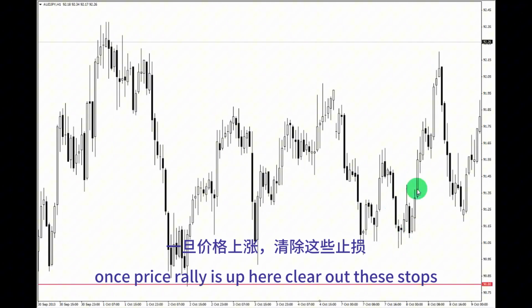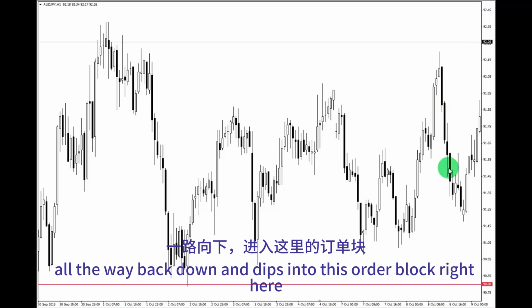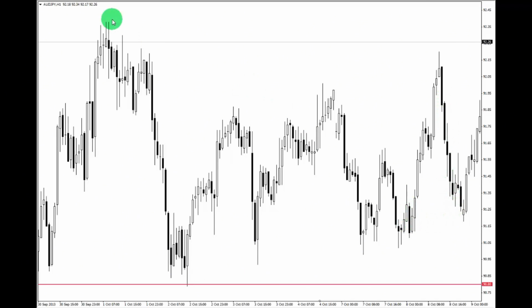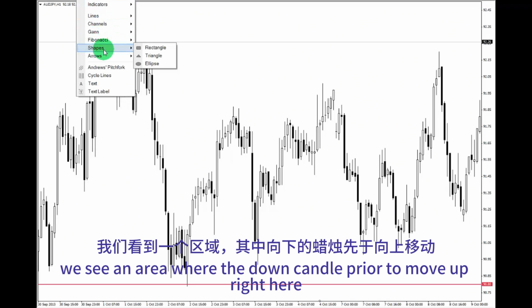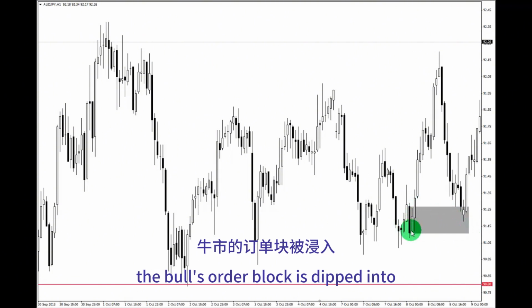Once price rallies up here, clear out these stops, these highs and these highs, and up in here, it comes all the way back down and dips into this order block right here. So again, we see an area where the down candle prior to the move up right here, the bullish order block, is dipped into.